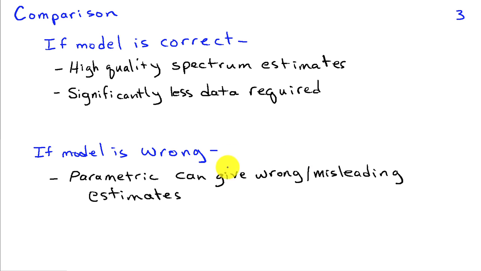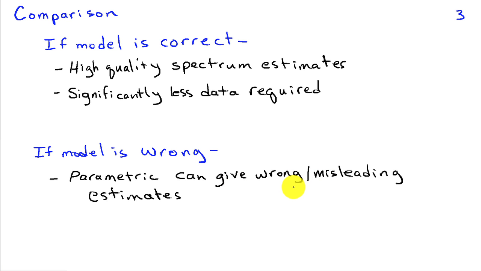On the other hand, if the model is wrong, let's say that you assumed the data consisted of sinusoids and noise, but actually it was a broadband colored noise spectrum, then the parametric approach can give you just wrong or even misleading estimates. So that's the risk.